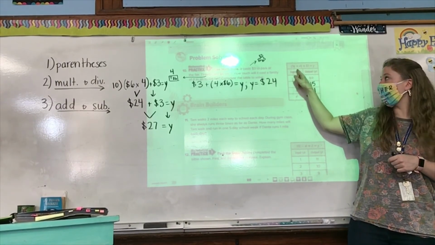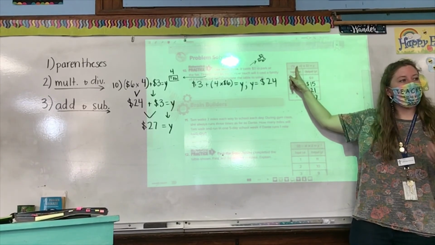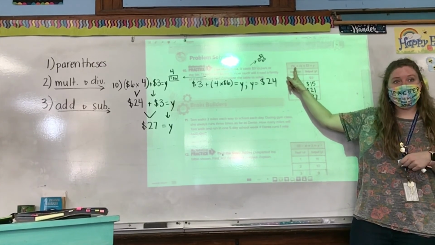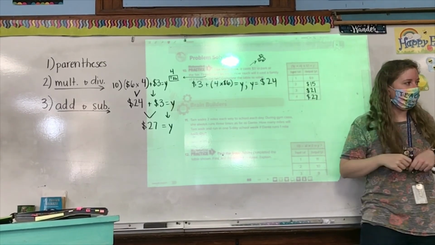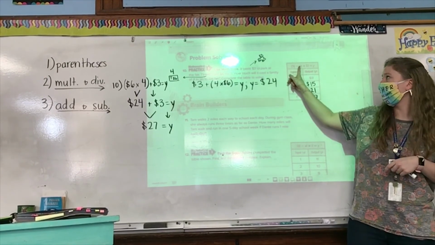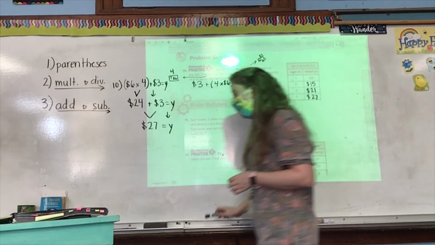That's why it has the parentheses, because we need to figure out how much the tickets cost before we can add the parking cost. Can you add the parking cost to the number of people that are buying tickets? No.